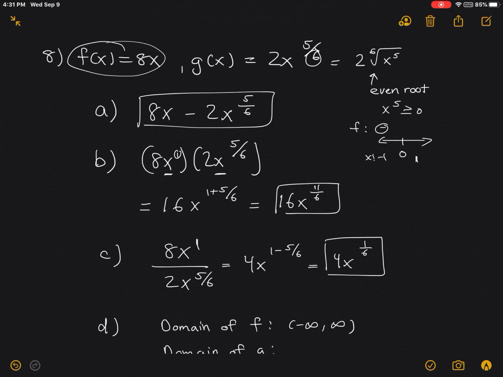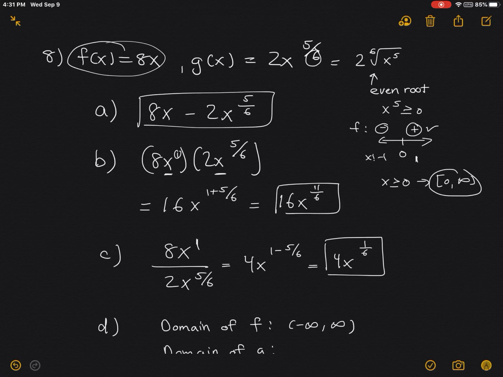So in this region right here, this is going to be negative. If you plug in +1 over here, 1 to the 5th, that's positive. So the domain is just x is greater than or equal to 0, which is just 0 to infinity.